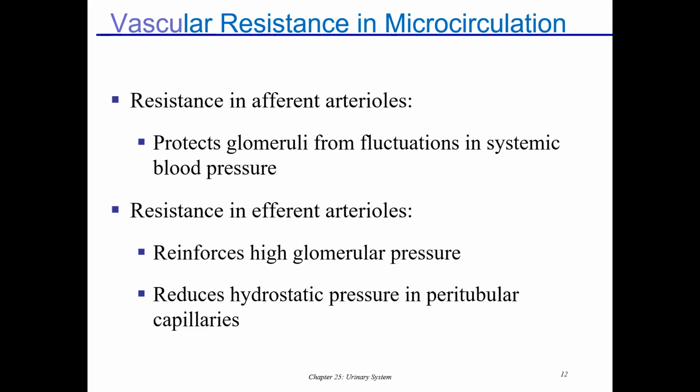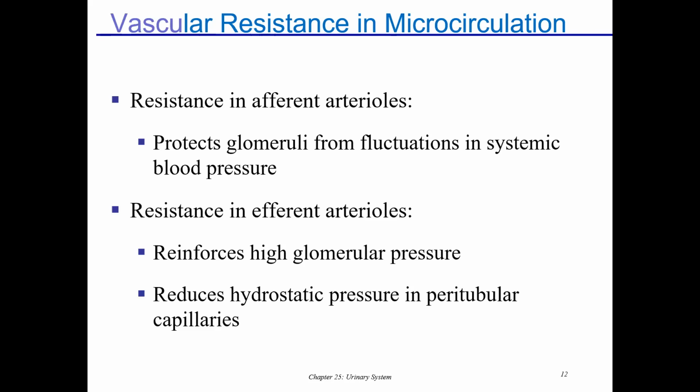It's going into the glomerulus, and these are all one cell layer thick structures. It doesn't take much to start damaging. It's not like one day your blood pressure goes up to 200, the next day your kidneys are shot. It's not like that, but it's over time. Constant elevated blood pressure is going to damage the kidneys.